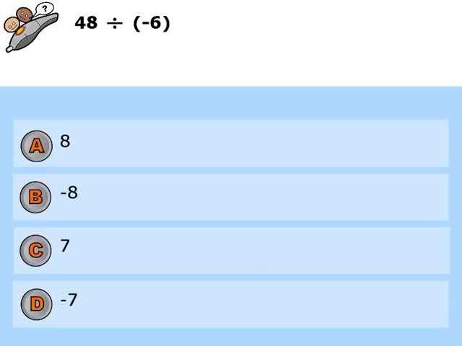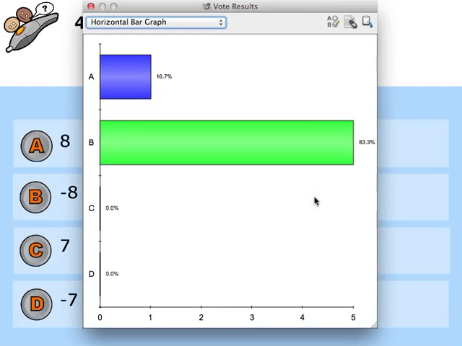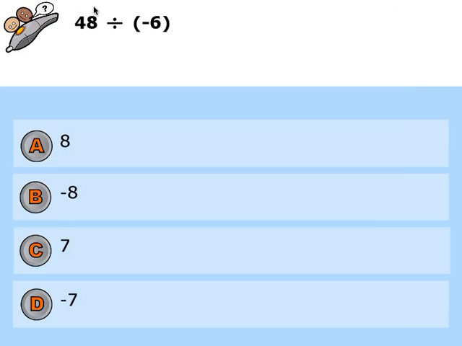Remember what I just said there. 48 divided by negative 6. What is your answer there? Answer is negative 8. So once again, remember what I said. If the signs are opposite and you're multiplying or dividing, your answer will be negative.